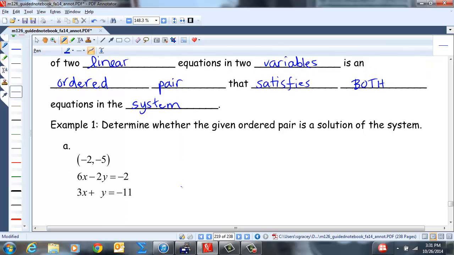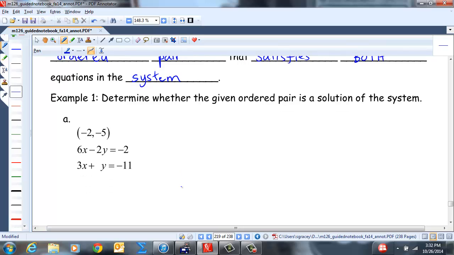Okay, so first example, let's determine whether the given ordered pair is a solution of the system. So all you got to do is check each one. So 6 times negative 2 minus 2 times negative 5, is that equal to negative 2?